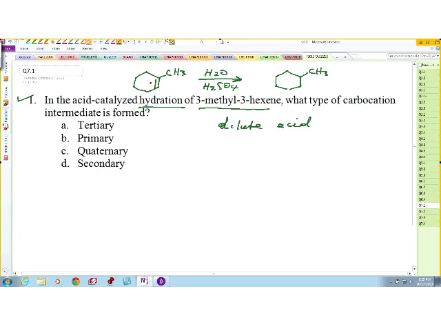And this will be a Markovnikov type addition, okay, which means that the hydrogen comes here, and the hydroxide will go here. Okay, so we expect to get this. However, in this question, all they wanted us to give is the intermediate carbocation. Okay, so let us see what is going to happen here.